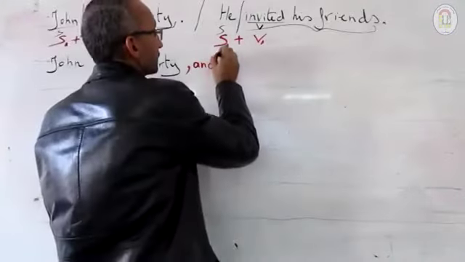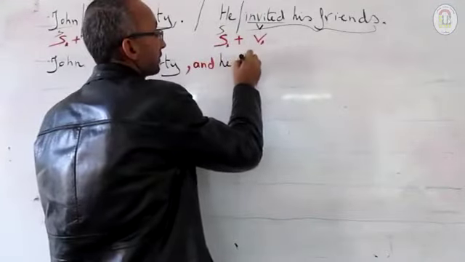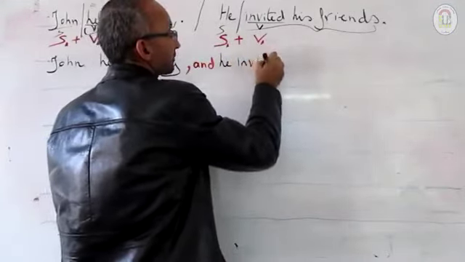Now here we have a kind of addition, a clear logical relationship between them. So we write here, and he invited his friends. He invited his friends.